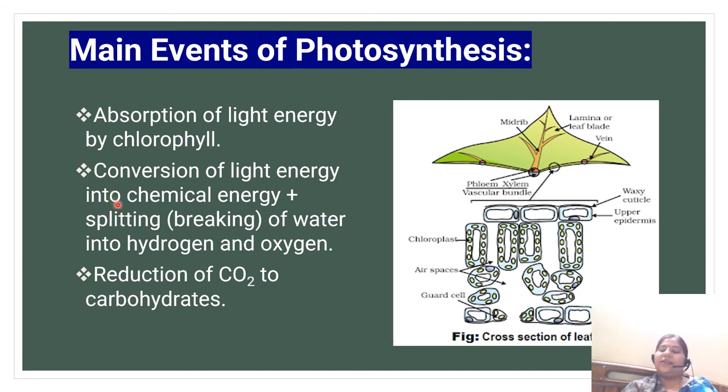In the second event, there is a conversion of the light energy into chemical energy, chemical energy in the form of food, right? And this conversion takes place by the splitting of the water molecule.